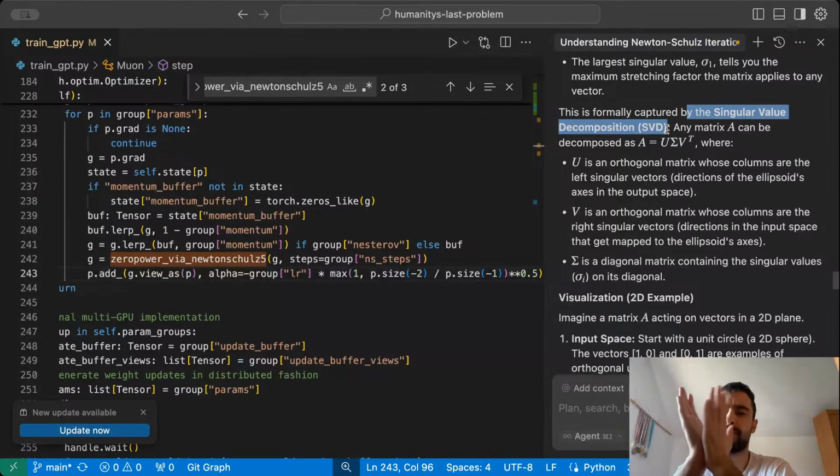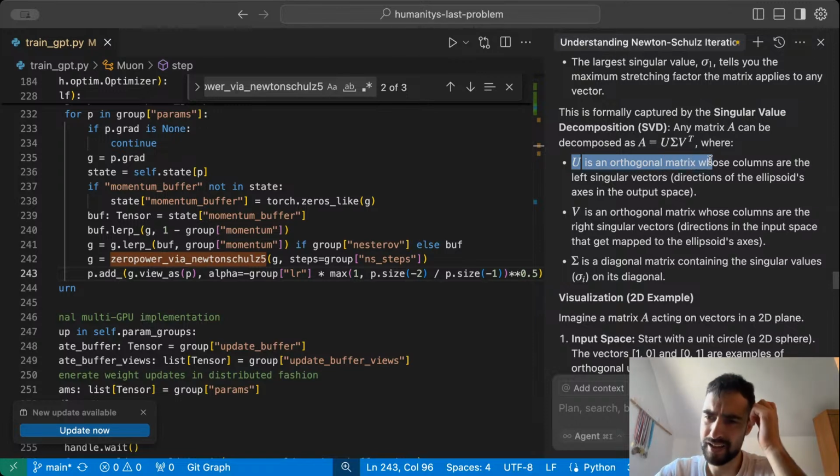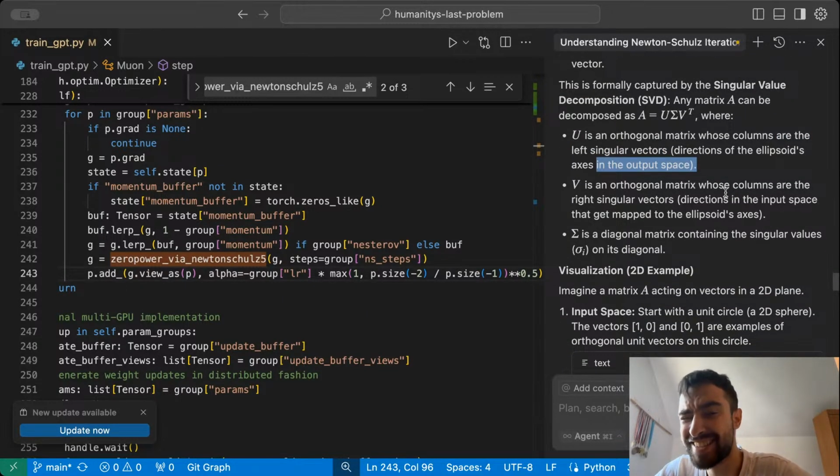Okay, I know what this is. Any matrix A can be decomposed as... what? U is an orthogonal matrix whose columns are the left singular vectors, directions of the ellipsoid's axis in the output space.